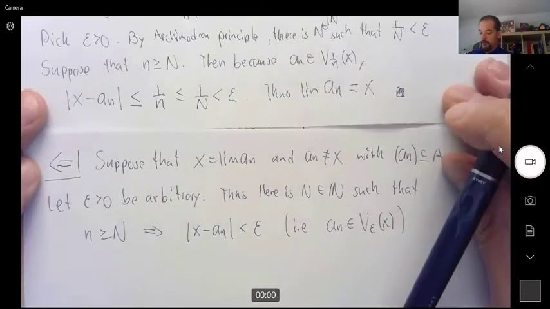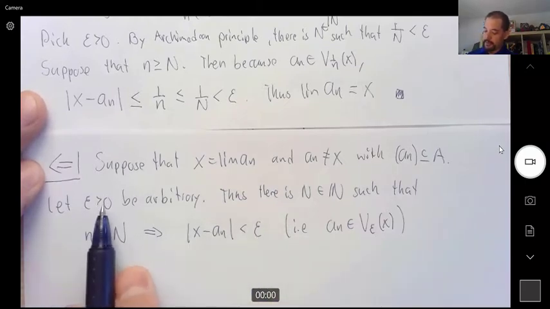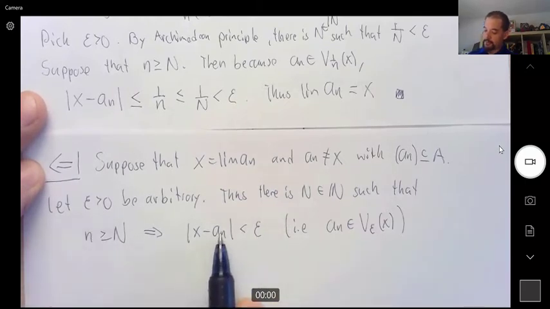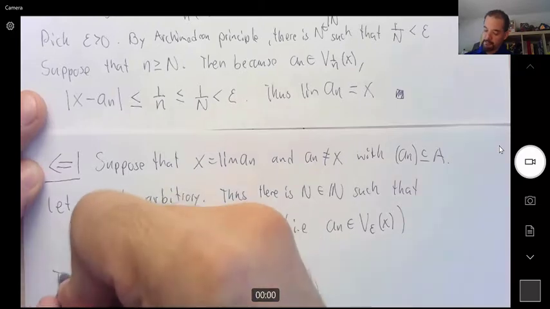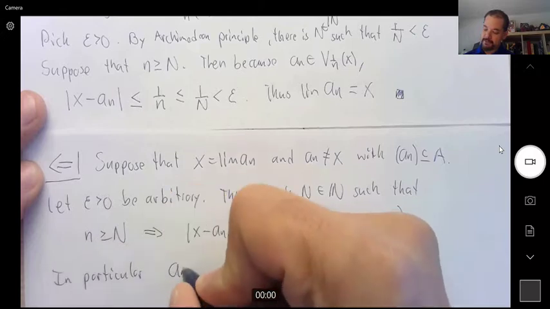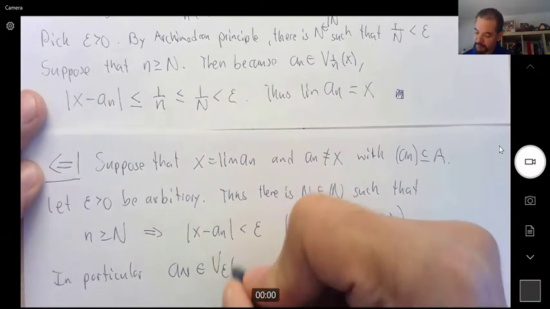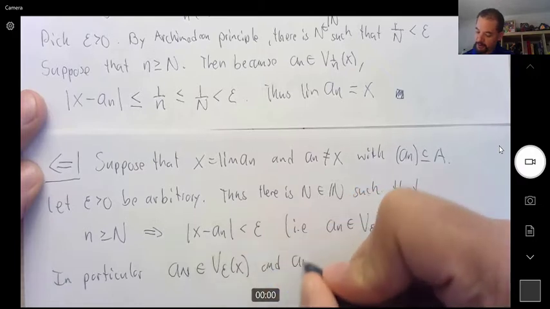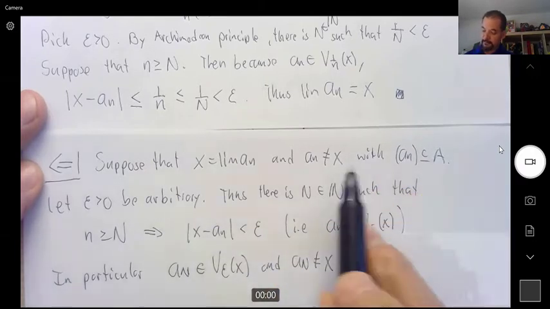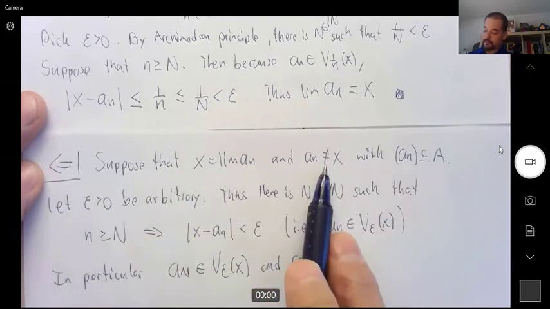And we are done, because for this arbitrary epsilon, I can use a sub capital N. So in particular, a sub capital N, because capital N is greater than or equal to capital N, belongs to the epsilon neighborhood, and it's not equal to x by our assumption.